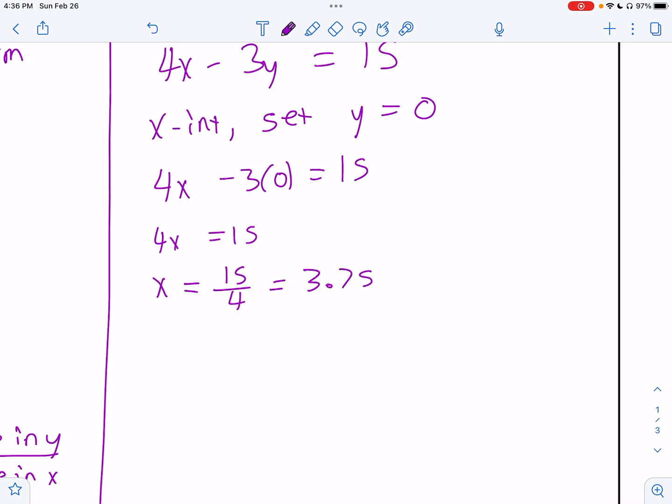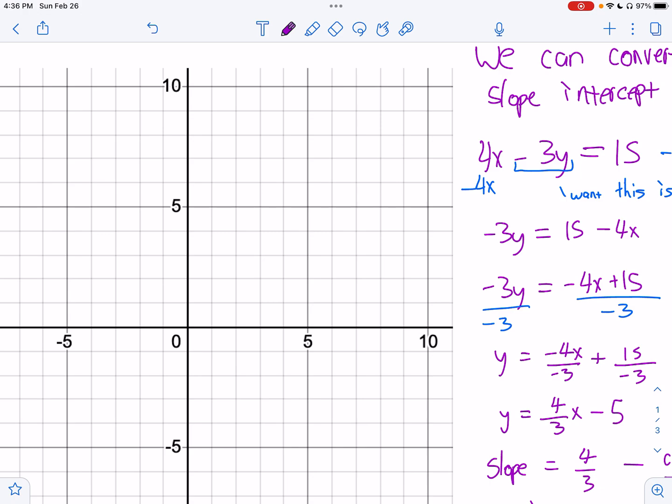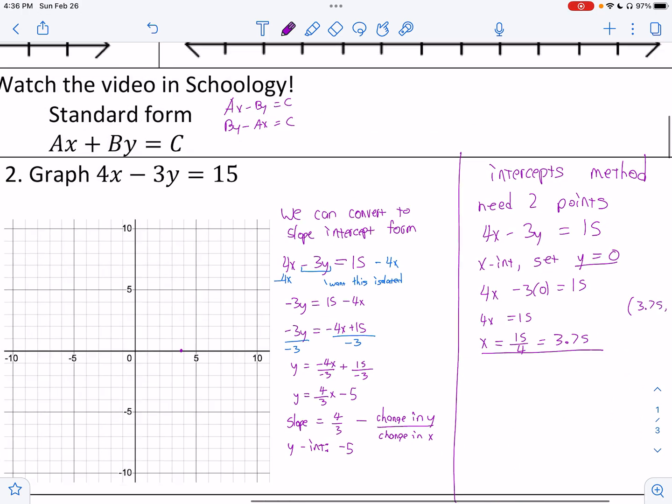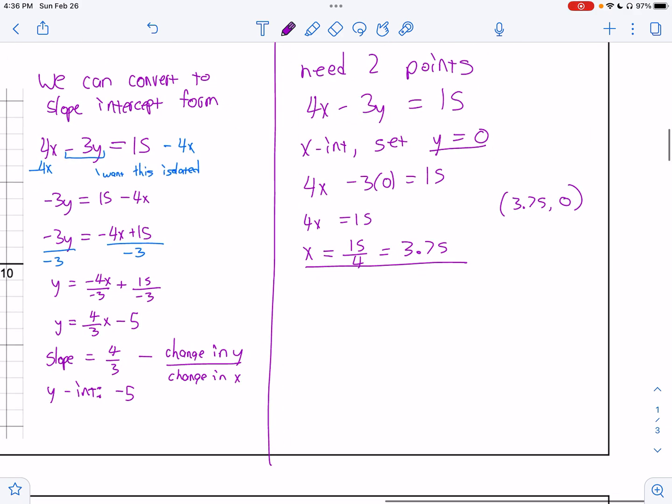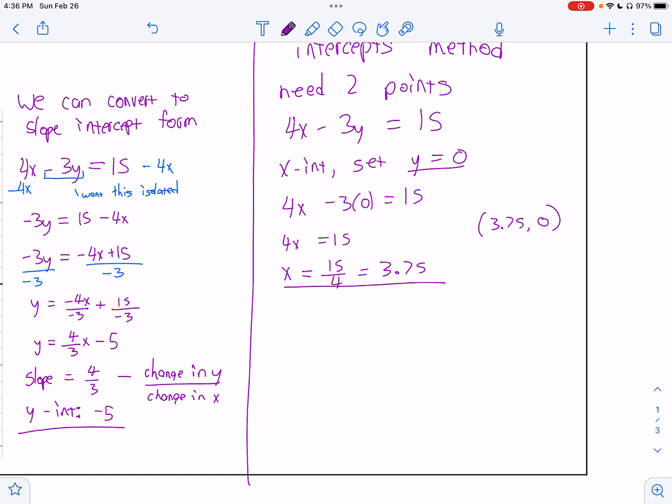So this tells me that if y is 0, then x is 3.75. So I have the point 3.75, 0 is on my graph. And I can go graph that. 1, 2, 3.75, about right there. Now the y-intercept we should already know is negative 5 from the first way we did it, but we'll verify it.